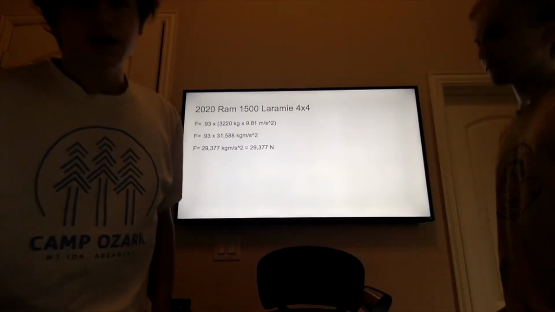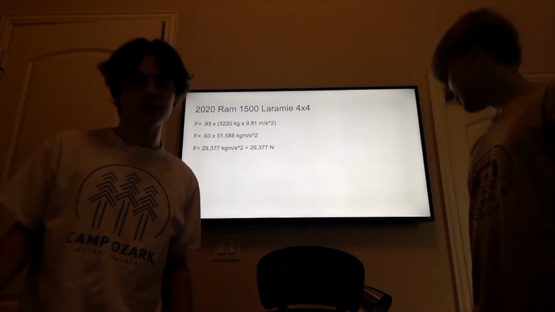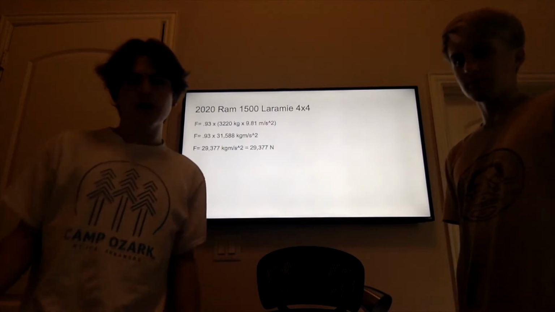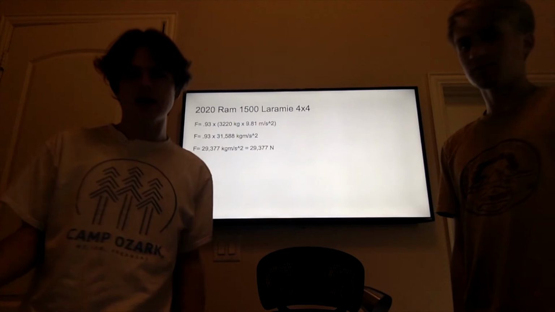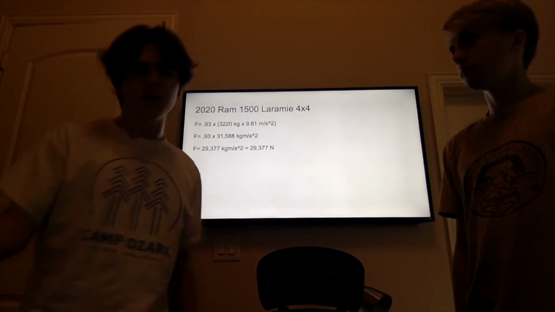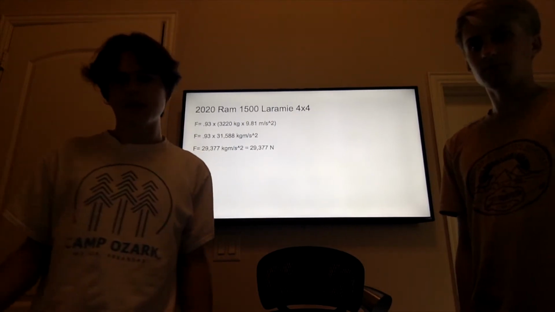And so for the second car with the rougher tires, fortunately the mass of both cars was exactly the same because they're the same class of truck. So the only difference is that the tires for this one had a much larger coefficient of rolling resistance with a value of 0.93. So the math that you use is exactly the same as before.